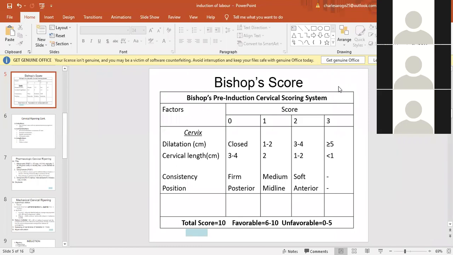You talked about dinoprost, which is prostaglandin E2, as opposed to misoprostol, which is an analog of prostaglandin I. Okay. So the reason misoprostol has become very useful is that it is a stable molecule and it can be stored at room temperature.